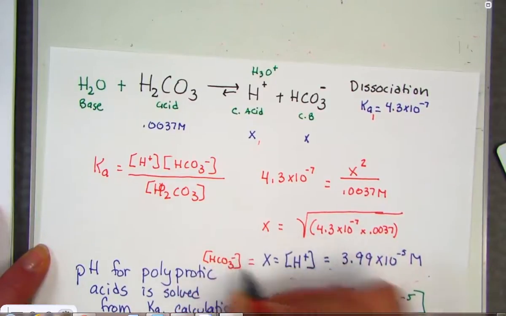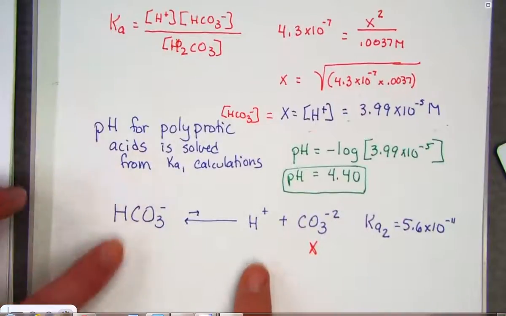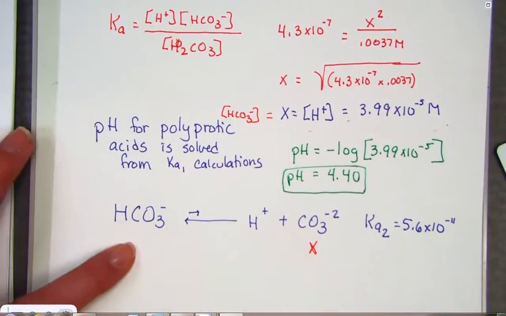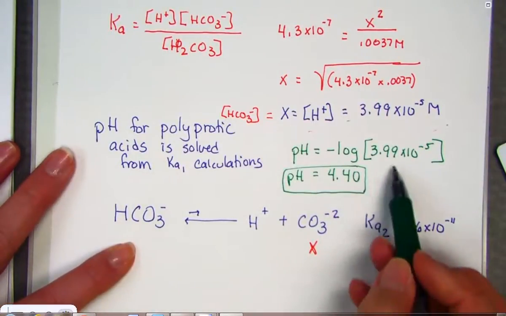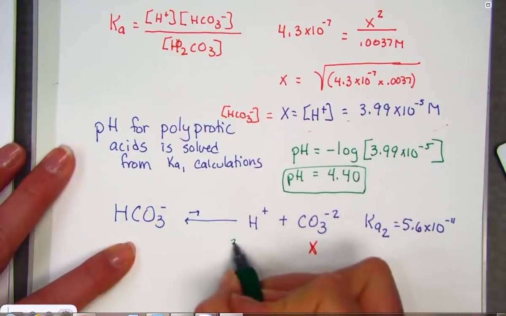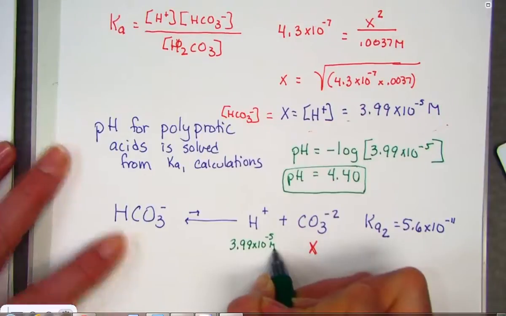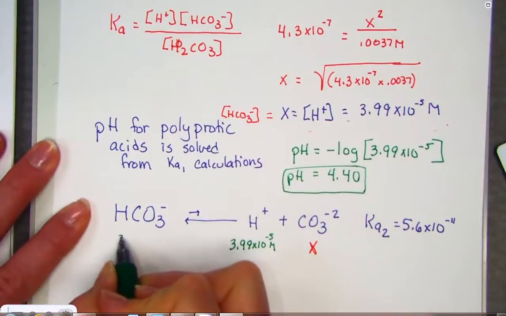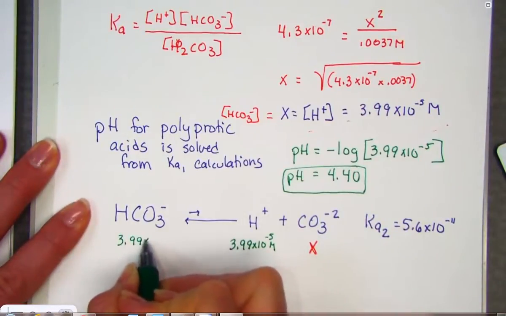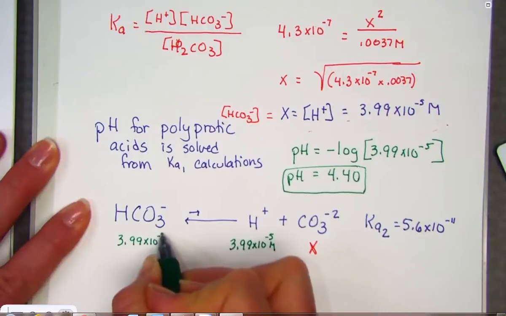They were indeed the same number. So I know these two values from the previous calculation. X stood for the molar concentration of hydrogen, and it stood for the molar concentration of the bicarbonate conjugate base.